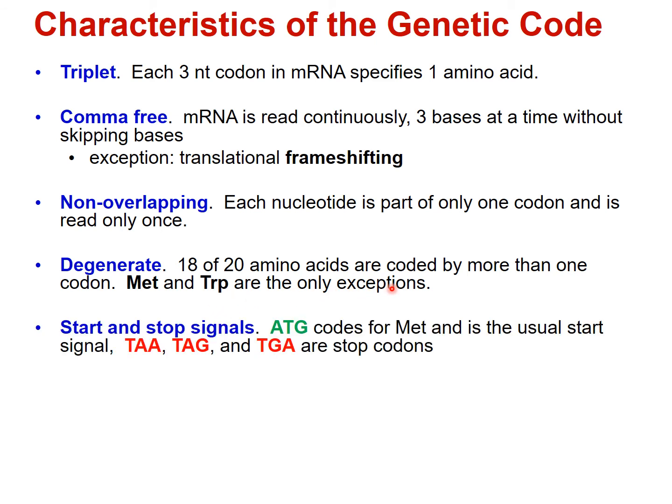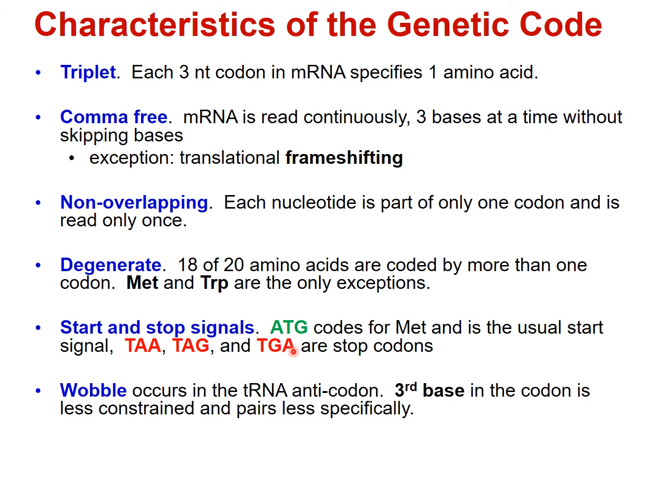There are start and stop signals. ATG is generally the start codon for a polypeptide. It also codes for the amino acid methionine. Then there are 3 stop codons that can be used to terminate translation. There is a phenomenon called wobble, which we'll talk about.